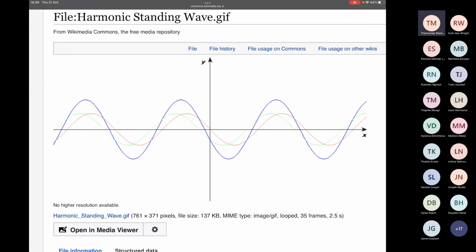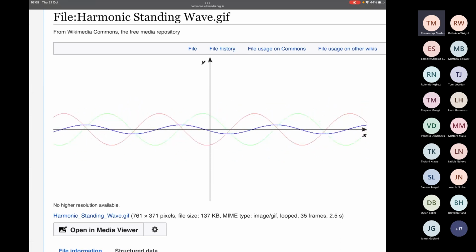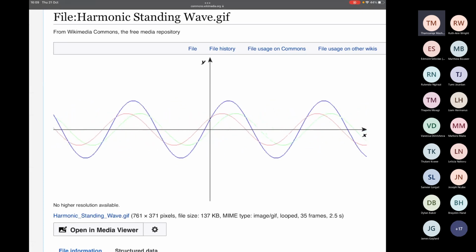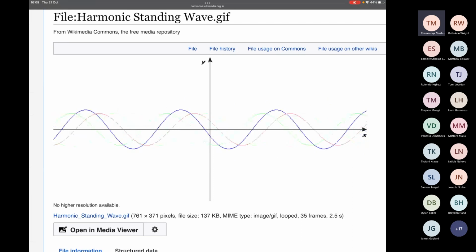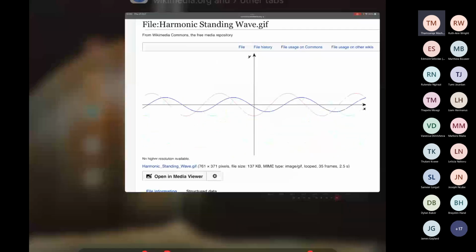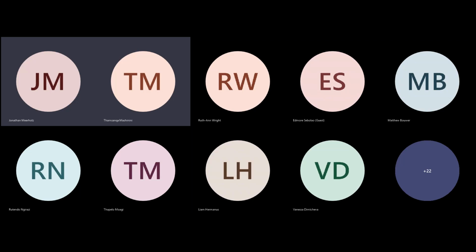I think this is also how strings can oscillate a bit like this. There's some sort of resonance where it will vibrate at the speed of things traveling down it. But yeah, there we go. That's a little bit of insight, a little bit interesting.